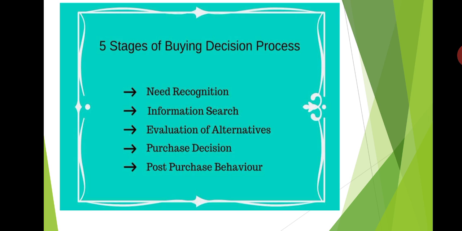In the third stage, he evaluates the alternatives. The relevant information collected on alternative products or brands is used for the evaluation of alternatives. In the evaluation stage, the consumer assigns relative value or weightage to different products based on the accumulated information.